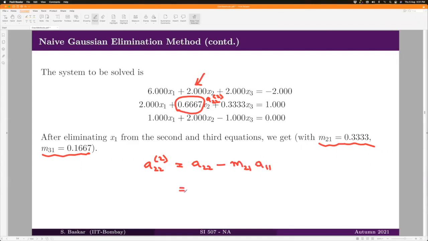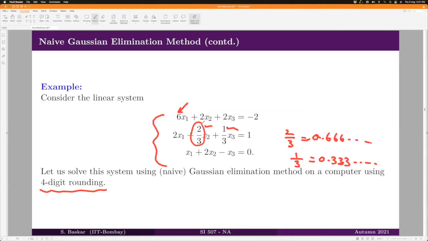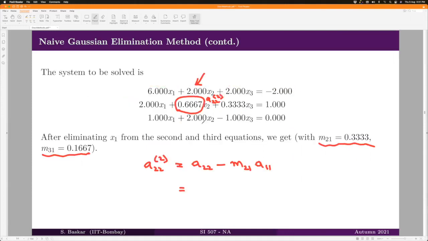If you recall, A22 is given by 2 by 3. Let us do the infinite precision calculation. 2 by 3 minus, if you recall, this is going to be 1 by 3, that is M21, into A11 is 2. So that is going to be 0 in the infinite precision calculation, right?